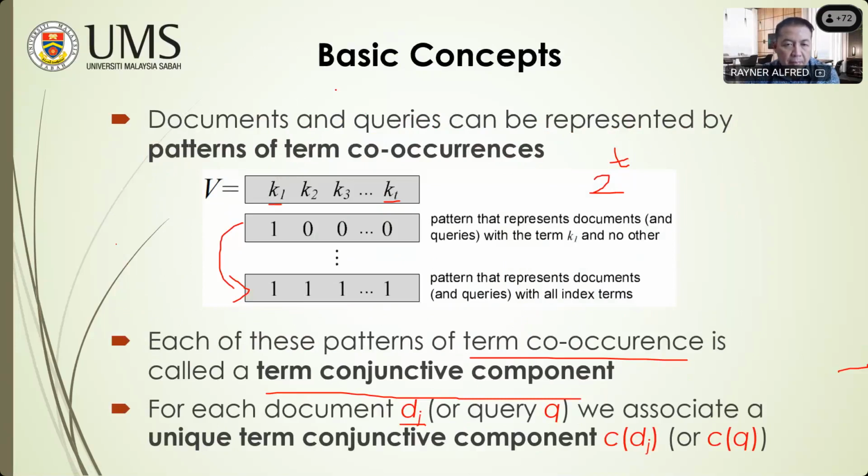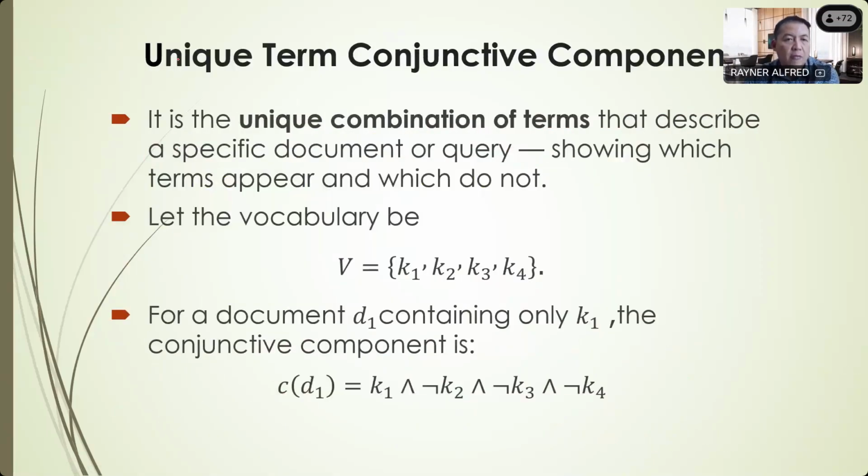Let's suppose we have this pattern. For us to express this is just to say 1 and 0 and 0 and so on. That means we are looking at all of these must exist for that particular document that we have. For example, we are looking at this vocabulary, so we have 4 only.